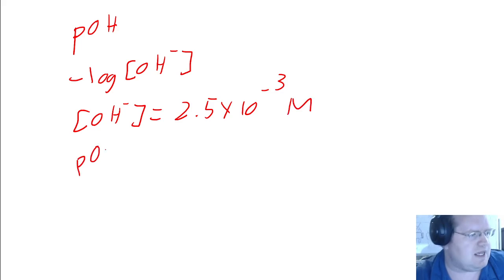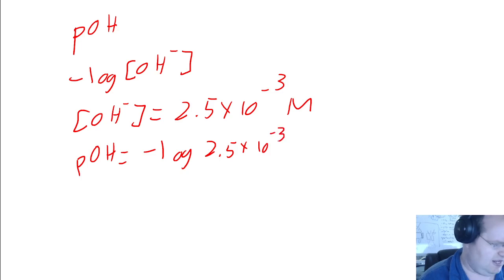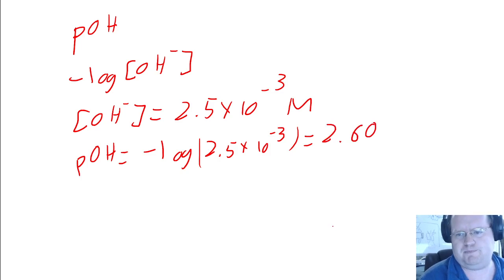Then its pOH value is equal to the negative log of 2.5 times 10 to the -3. When I put that in my calculator, we get that its pOH is 2.60. So you can talk about a pOH just like you talk about a pH. Both are things you can do.